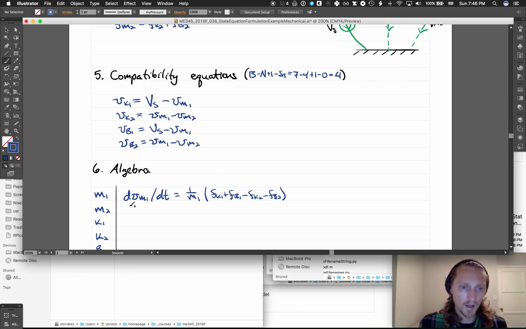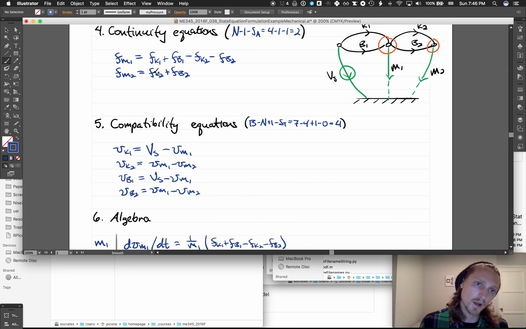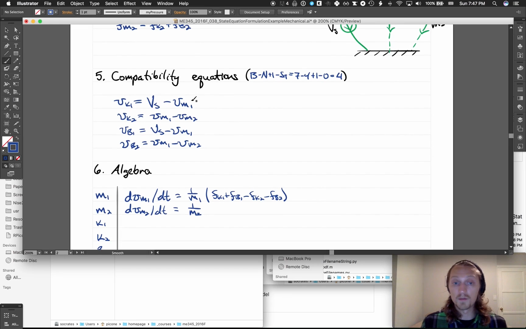It's going to end up better for us if we do. So dvm2 dt is equal to 1 over m2 times fm2, right? And there's, of course, another continuity equation for fm2. It says that it's just equal to fk2 plus fb2.